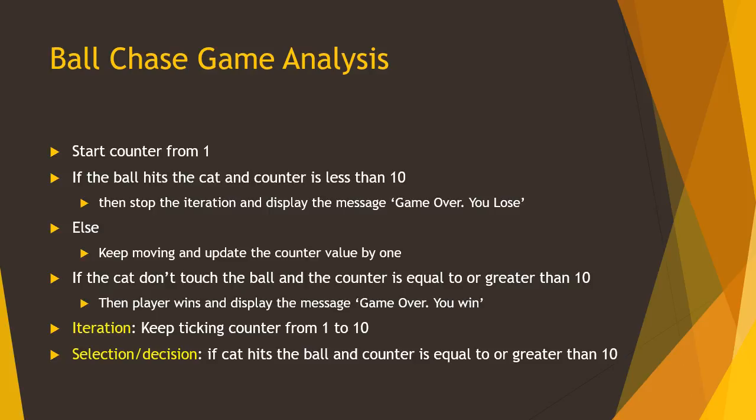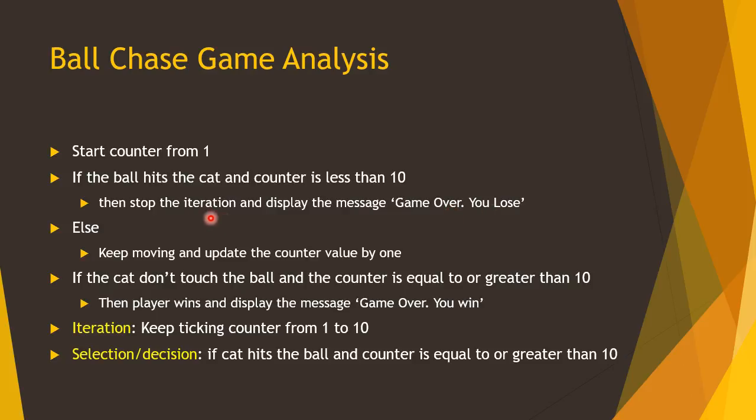Now let me do some analysis of this simple ball chase game. So first of all, start the counter from 1 and then if the ball hits the cat and the counter is less than 10, then stop the iteration and display the message game over, you lose.